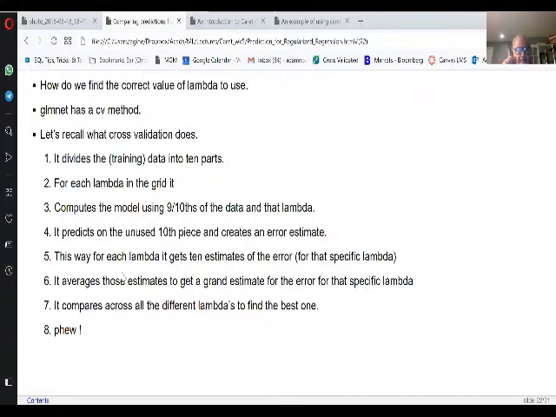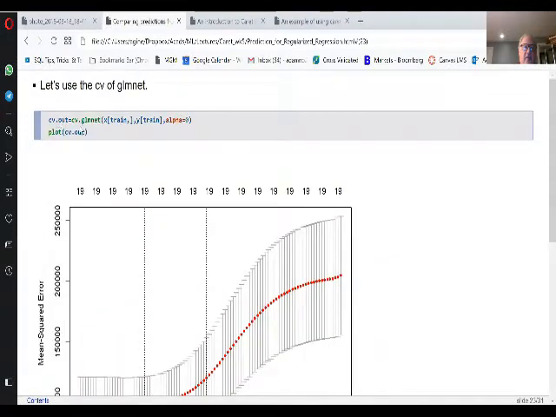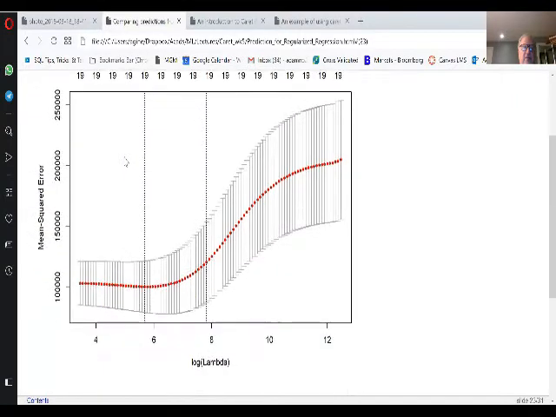Now, it actually does better. It doesn't find the best one out of the 100. It then uses a grid search or something better than that. I don't recall anymore, and it finds an actual best one. So if I use cv.glmnet and I just use my data and do ridge, you see it'll give us a plot.